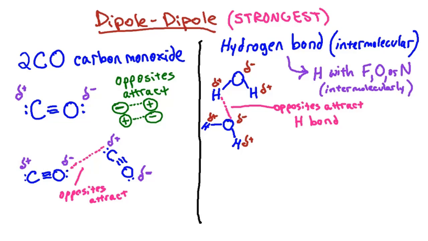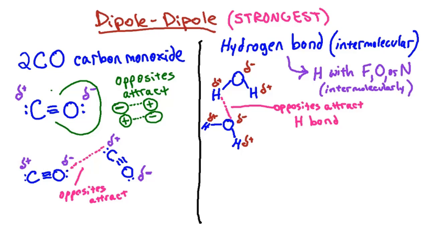So let's take, for instance, carbon monoxide, and we have two molecules of carbon monoxide here. Carbon monoxide is just CO, just carbon and oxygen together, and oxygen has more electronegativity than carbon does. So oxygen is going to hog all the electrons over here.